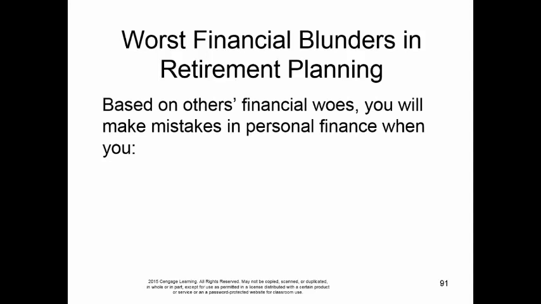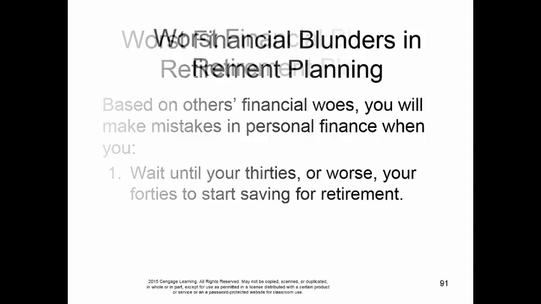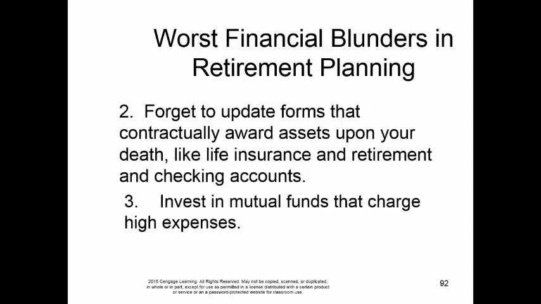Okay, so worst financial blunders you can make in retirement planning. Number 1, wait until your 30s or worse, your 40s to start saving for retirement. Number 2, forget to update the forms that contractually award assets upon your death, like life insurance, retirement, checking account, and so forth.